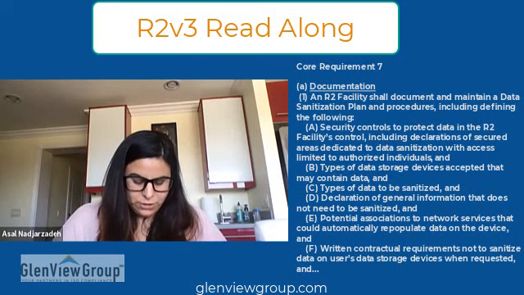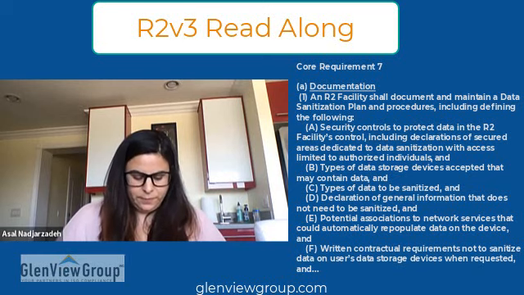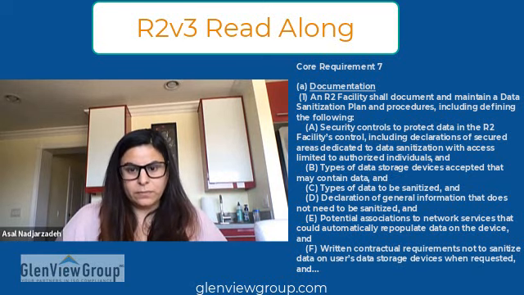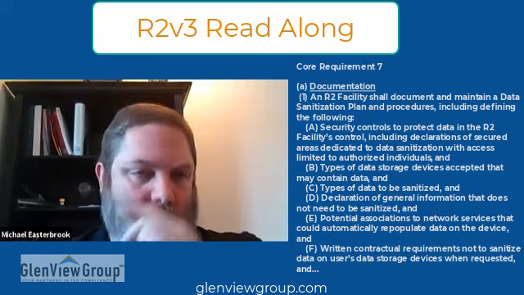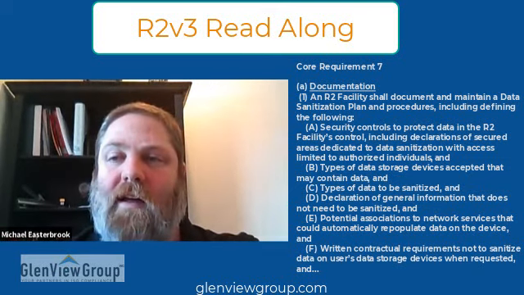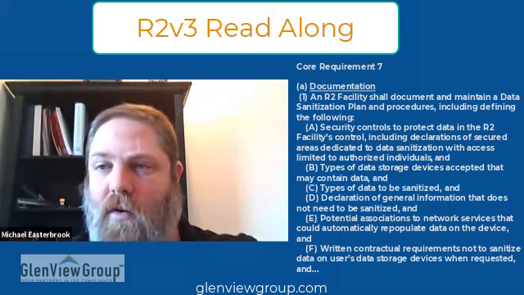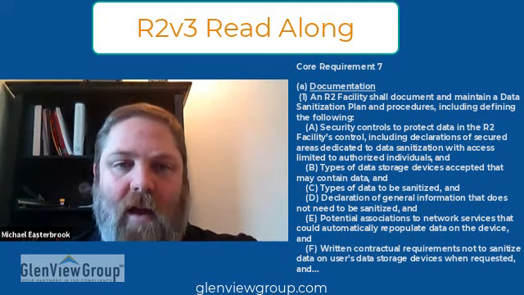1E, potential associations to network services that could automatically repopulate data on the device. So this would be like a cloud server, or on a cell phone, various links to somebody's iCloud account, or on an Android phone to their Google account or something like that.